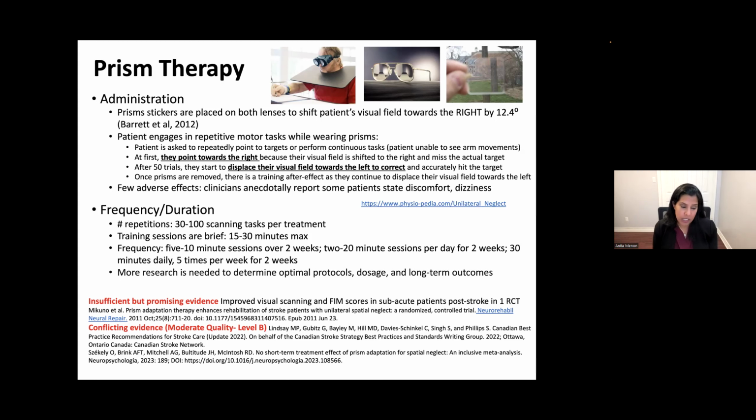We need more studies examining it with RCTs. In the recommendations for best practices, there's conflicting evidence for its effectiveness. So it's a promising therapy that could be used, but research still needs to be done, and it's something to keep in mind and maybe explore as an option.